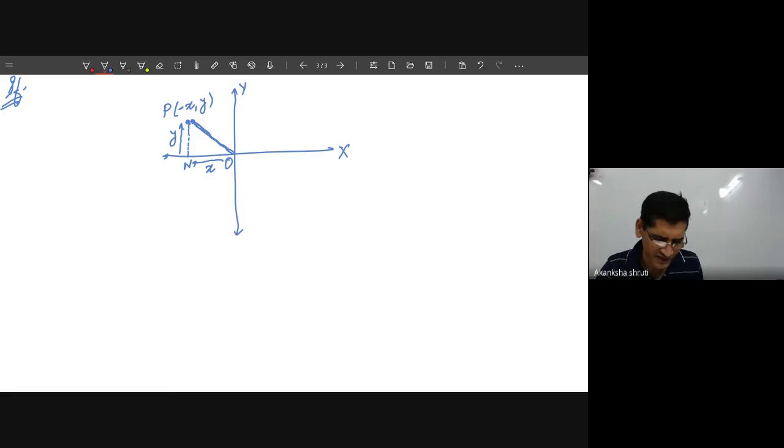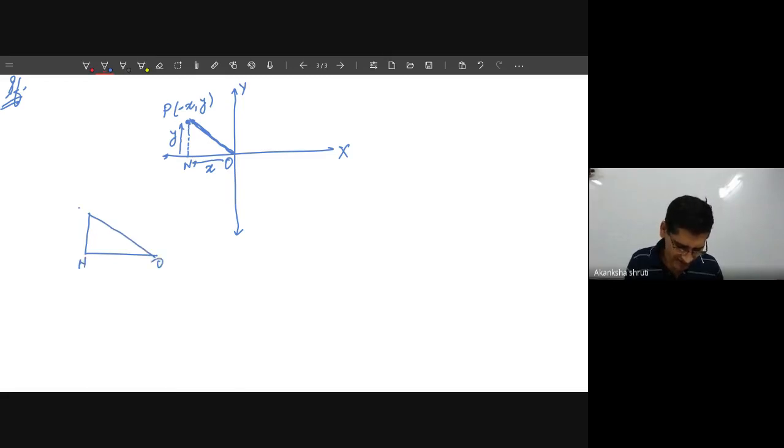Again, it is a right angle triangle where this is O, this is N, this is P. Here this side length is minus of x. Though x is negative, you may put the negative sign here also. y is positive.